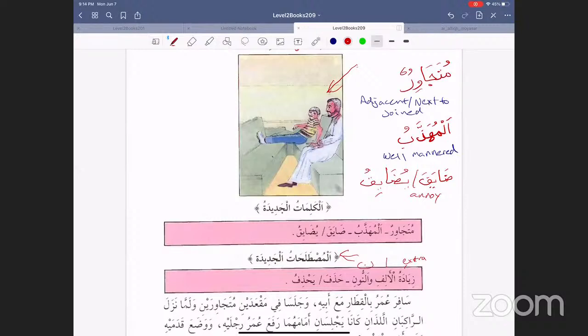Then we have a fi'l here. حذف يحذف means to omit or delete. So we have ziyadatu al-alif wan noon, to add an extra alif and noon. حذف يحذف means to delete. And here it's going to be talking about deleting a noon from a word.